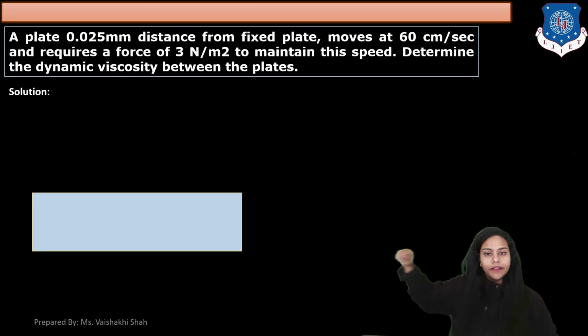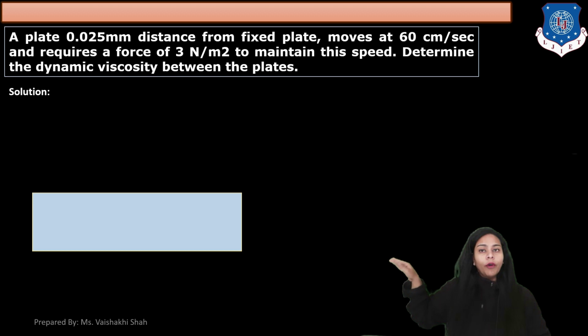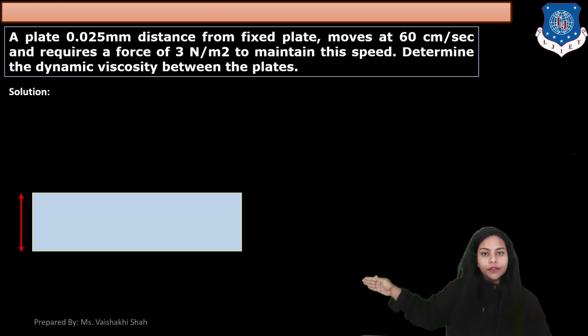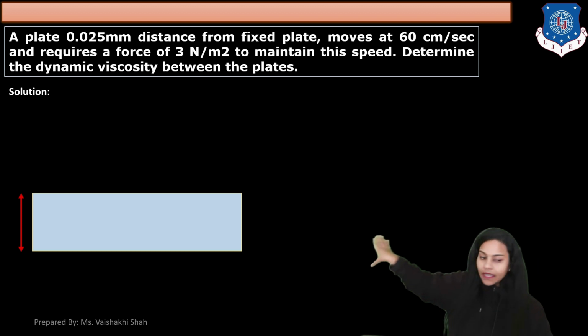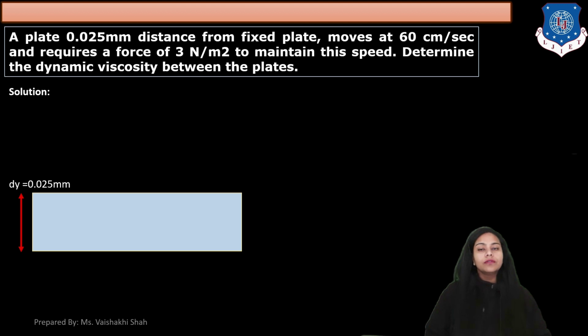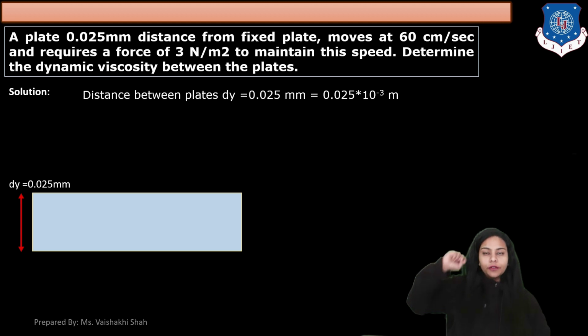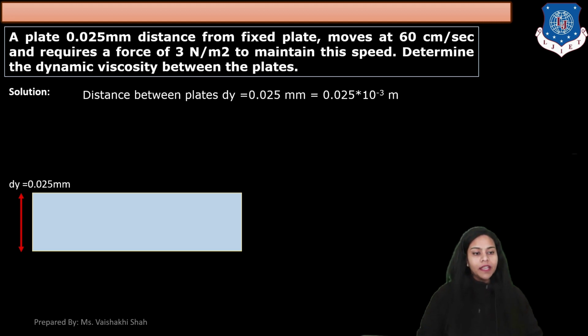Now the distance between the two plates, as you can see, is 0.025 mm. So distance between two plates we indicate as dy. Now dy is 0.025 mm, converted into meter it is 0.025 into 10 raised to minus 3 meter.